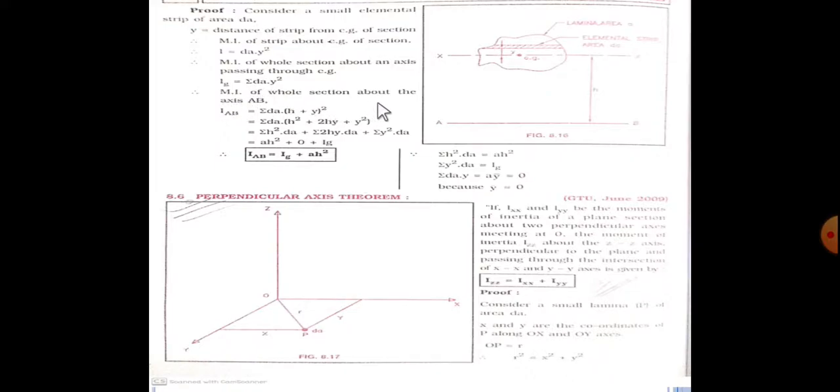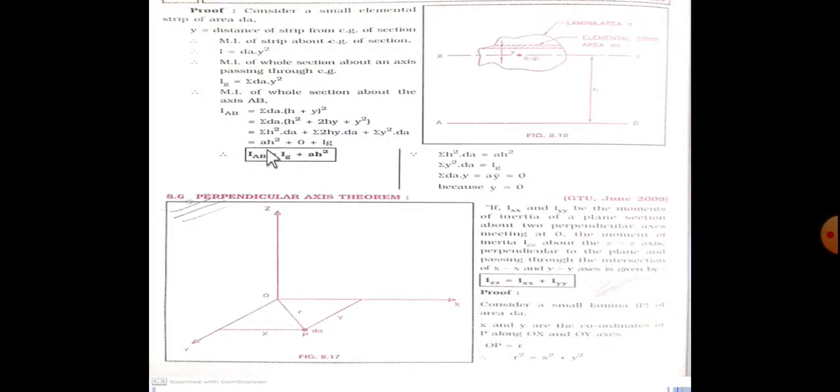Now, the moment of inertia of the whole section about the AB axis is sigma dA into (h plus y) square. Solving this, we get sigma h square dA plus 2 sigma h y dA plus sigma y square dA.